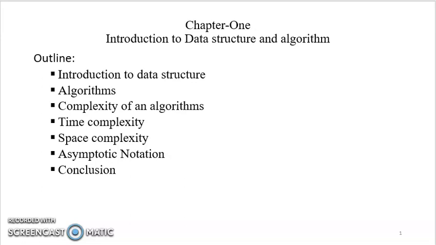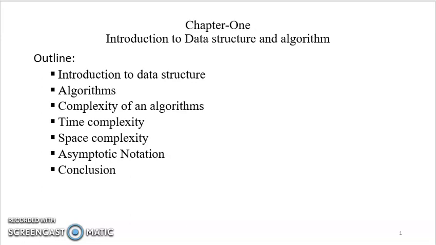On this session we will try to see the first part of this chapter. As you know, the title of this course deals with data structure and algorithm. On this one we will try to see the introduction part.